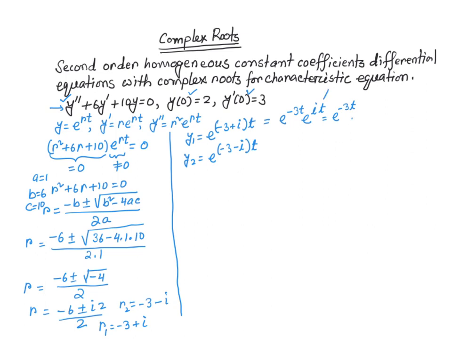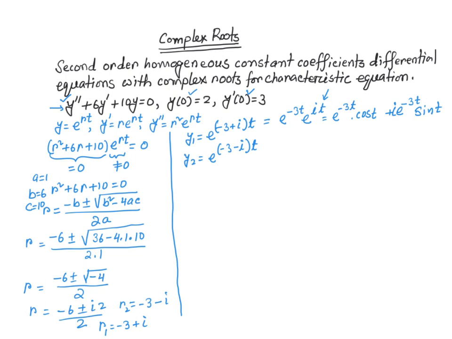This is going to be Euler's formula. So if I distribute the e to the power negative 3t, it's going to be e to the power negative 3t times cosine of t, plus i times e to the power negative 3t times sine of t.